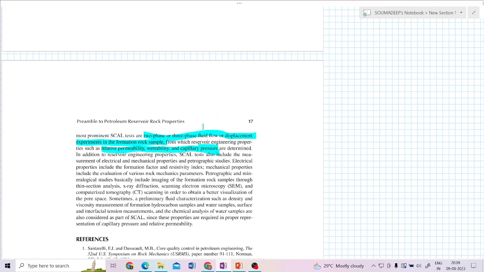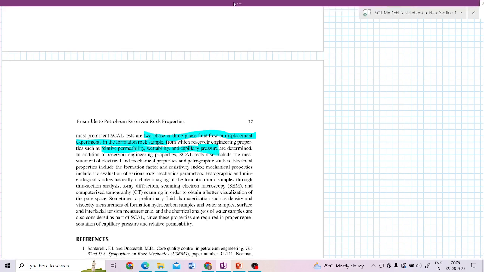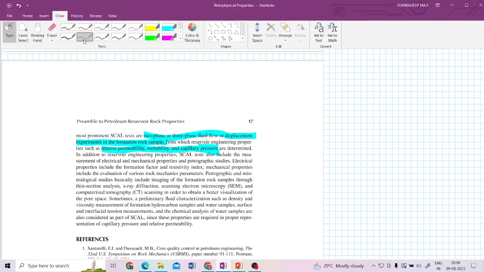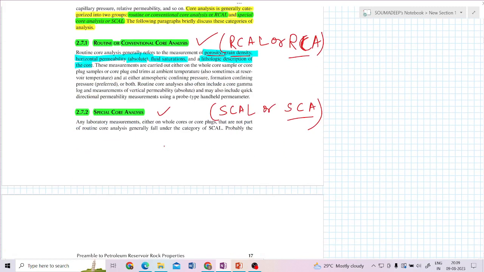So if you make a quick note, which is important: from routine core analysis, we basically get the porosity, grain density, horizontal or absolute permeability, fluid saturations (SO, SW, SG), and lithology.